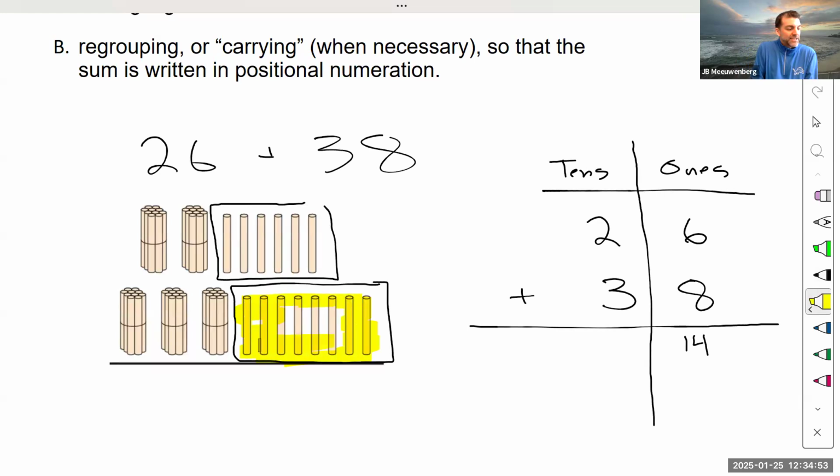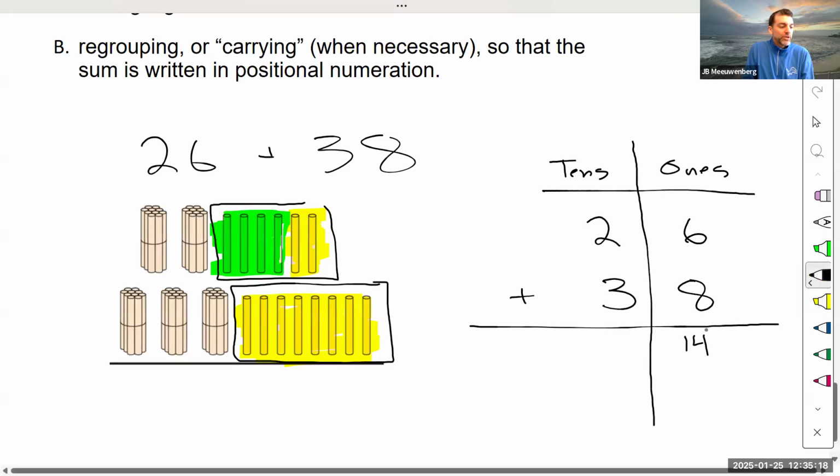So actually, what we can think about is these 8, think of these 8 sticks here. And if we group them with 2 of the sticks there from the top 6, what do we end up with? Well, that's a 10, which leaves us with 4 individual sticks left over. So when we regroup or do some carrying, that's what's happening.